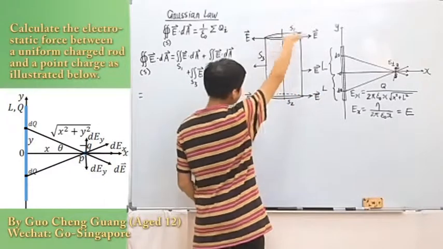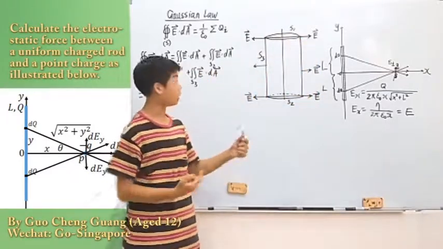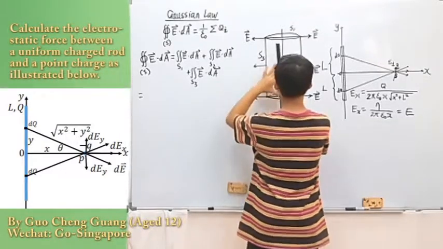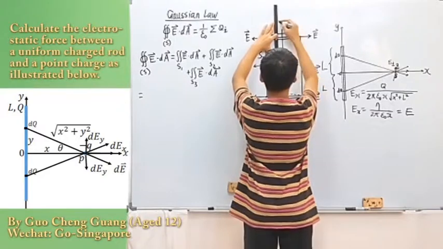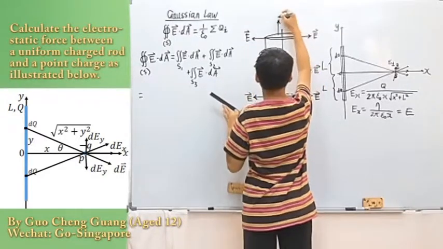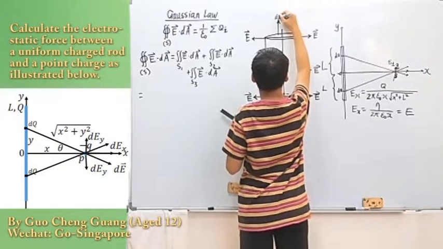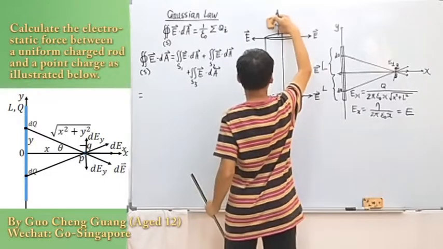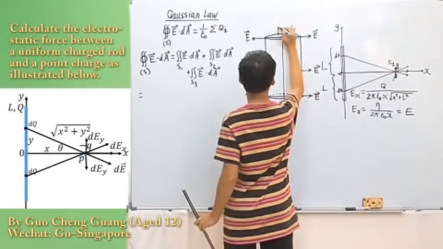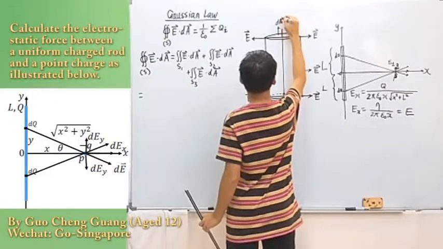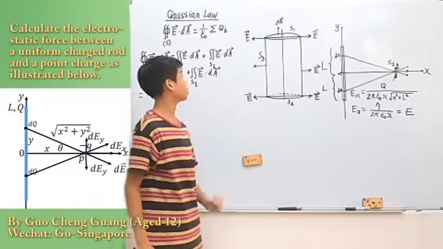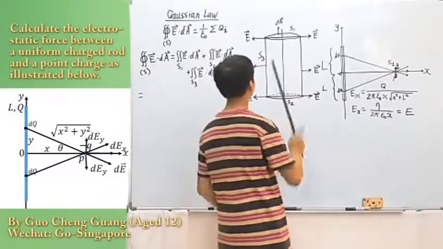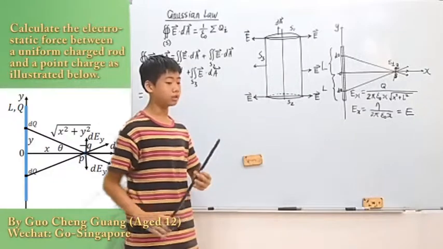It is on this surface, so we're just finding the normal direction, which will be upwards. And in fact, this applies to every single point. So this is what we'll have for every single point: E outward, while dA will be upward.